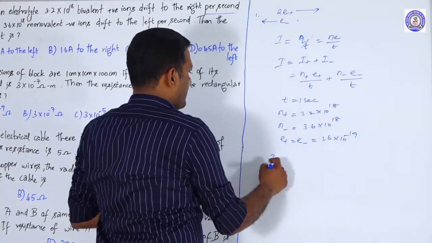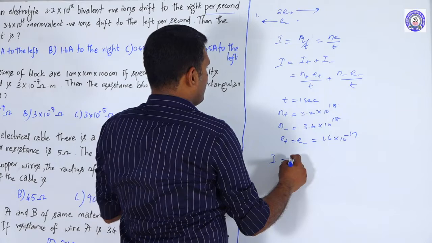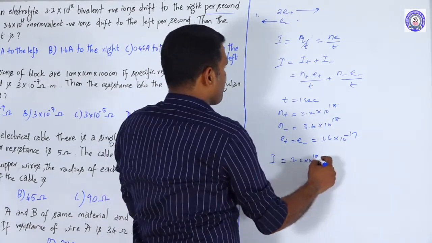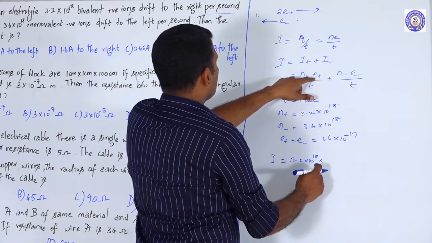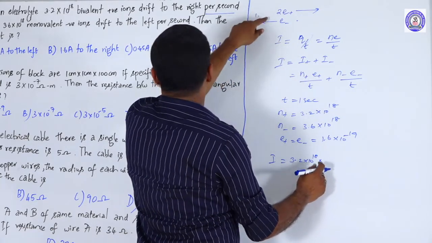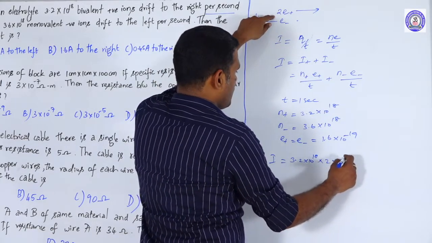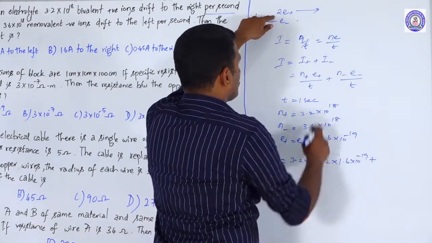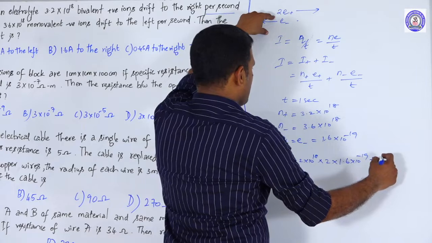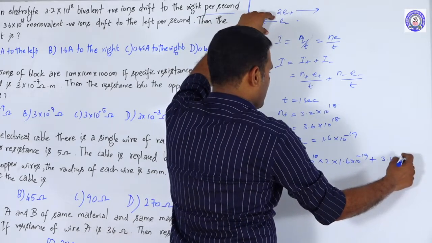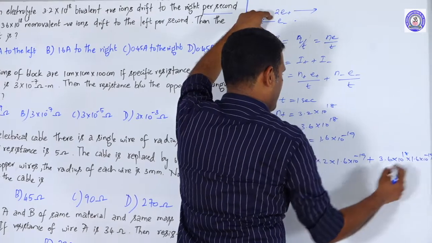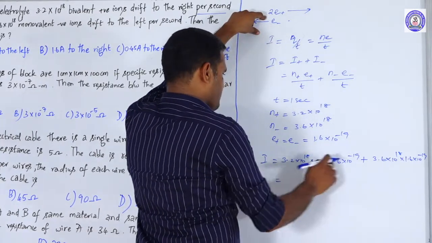Substituting this data, we can calculate the amount of current. N+ is 3.2 × 10^18 times, since the positive ion is bivalent, we can write 2 × 1.6 × 10^−19, plus the current due to negatively charged ions, which is 3.6 × 10^18 × 1.6 × 10^−19, right?